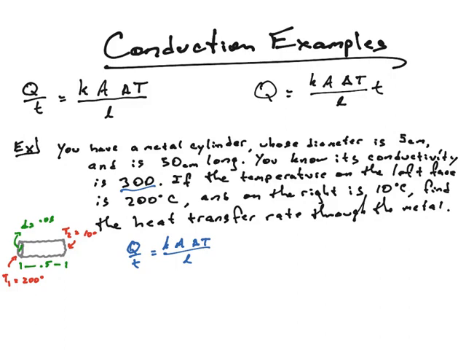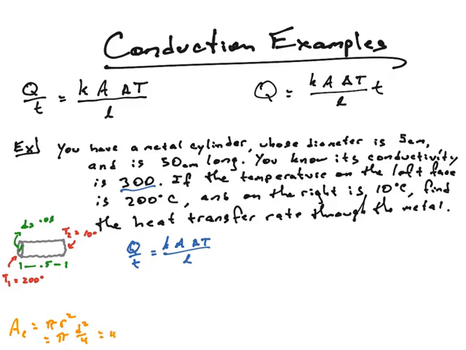And so I need the area of that circle. Well, I know the area of a circle is pi times the radius squared. So for us, we don't know the radius, but we know the diameter. So we could use the other equation, which is pi d squared over 4. It's basically the same as get the diameter, divide it by 2, now you have the radius. You could write it like this as well. It's exactly the same thing.